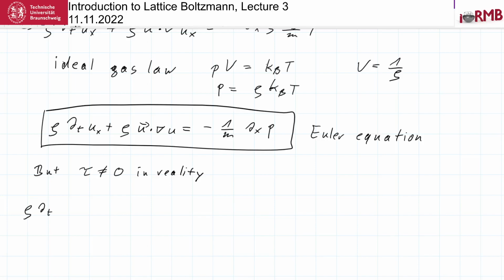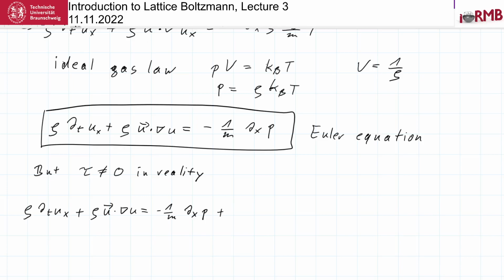For starters, we have the same thing, so everything that's inside the Euler equation we still have. But then on top of the Euler equation, we have the part of the previous equations that comes with the tau, and they have, of course, different parts for the different moments.